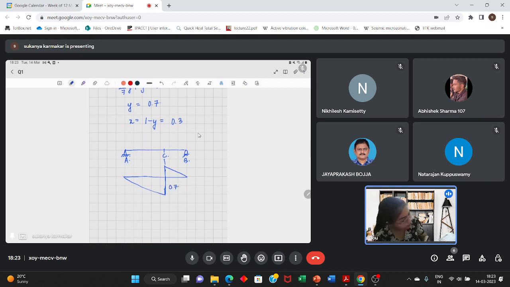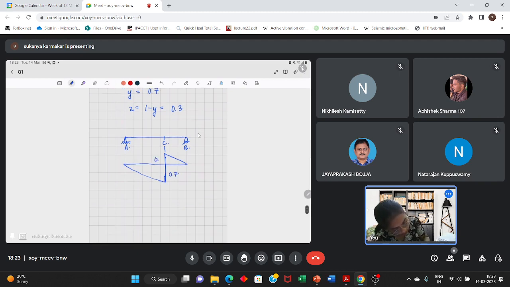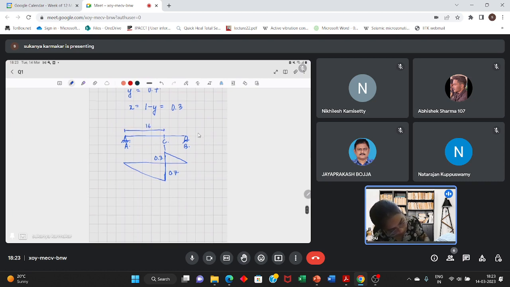This is 0.7. This is 0.3. This is 6 meters. Sorry, this is 14 meters.